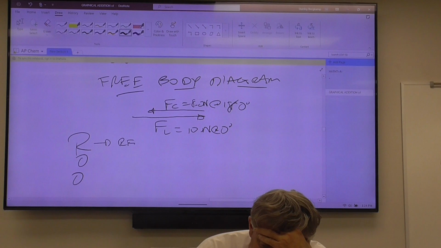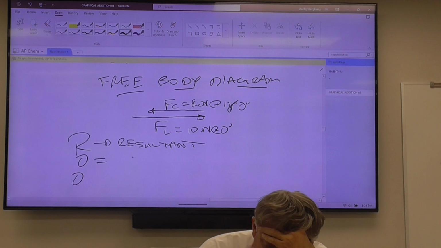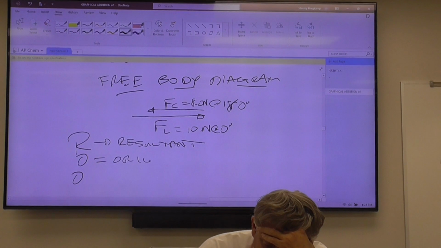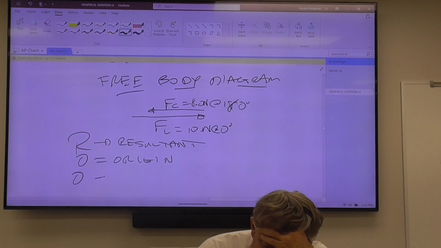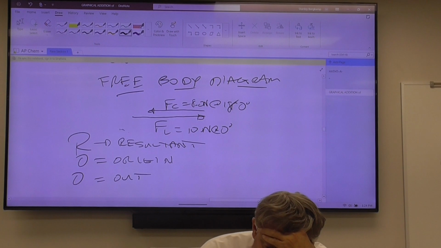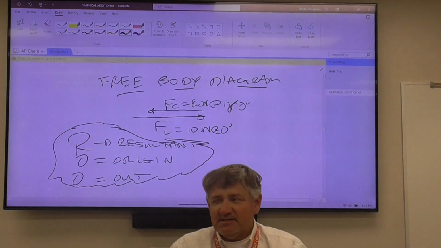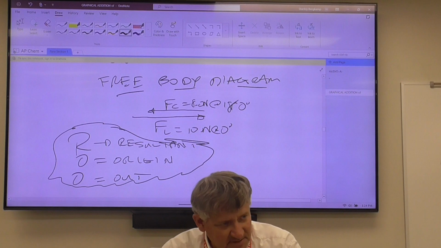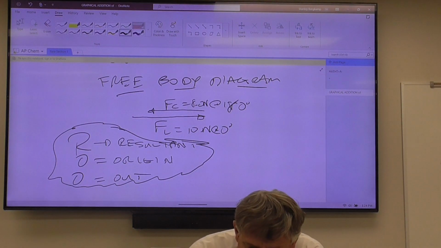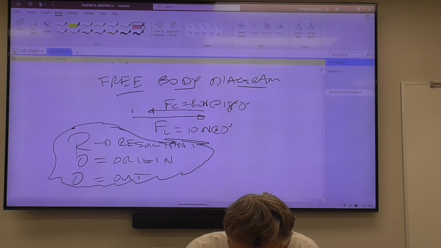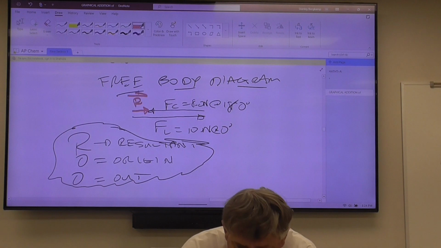So R is the resultant, and then O is the origin, and this is out. So the kangaroo, the roux, shows you the net effect of what's happening. So I'm going to draw a resultant from that origin and out.